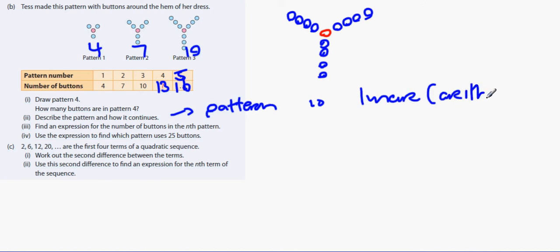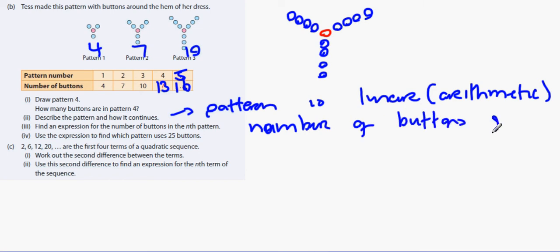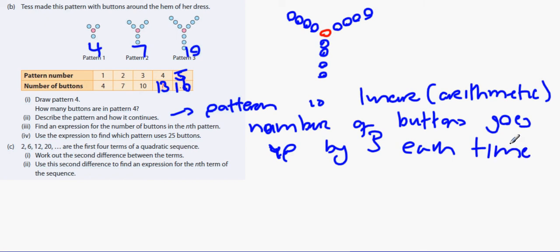It goes up by 3 buttons each time. Okay. Find the expression for the number of buttons in the nth pattern.